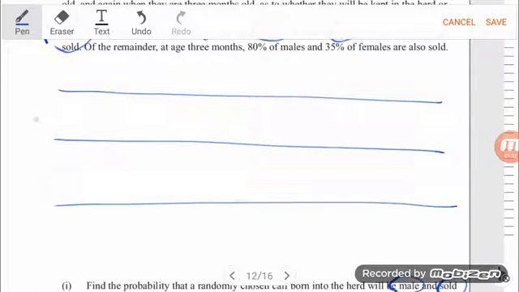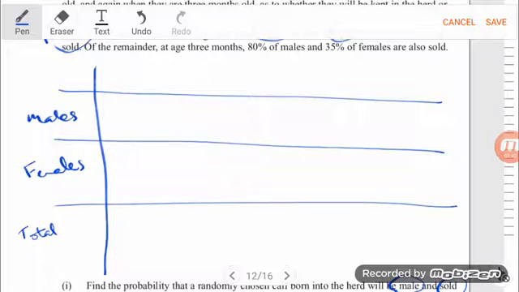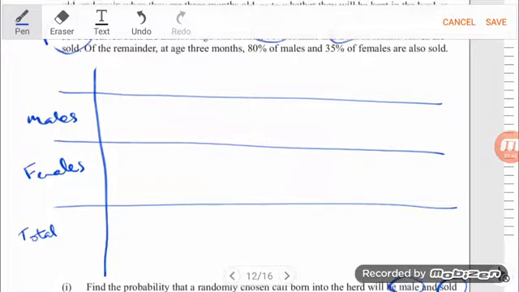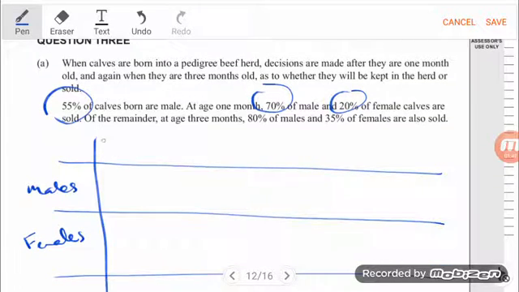The most obvious one is to have males and females and some kind of total. The next one we know that we've got to have is sold at 1 month.